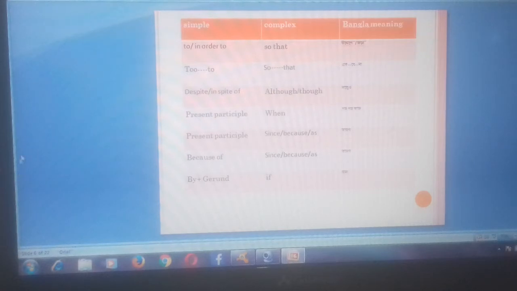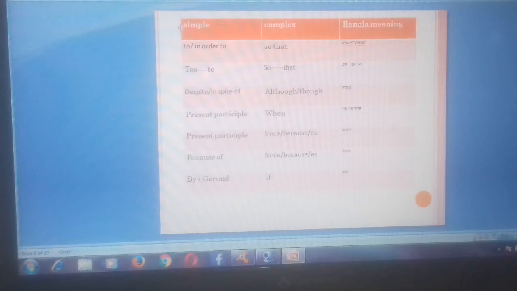There is a clue, and we will follow that clue, and it will help us to transform our sentences. In simple, if it is to or in order to, in complex, it will be replaced by so that. Bangla meaning uddeshe ba jonne. In simple, if it is too, in complex, it will become so that, meaning এত দুর্বল যে হাঁটতে পারে না, this type.